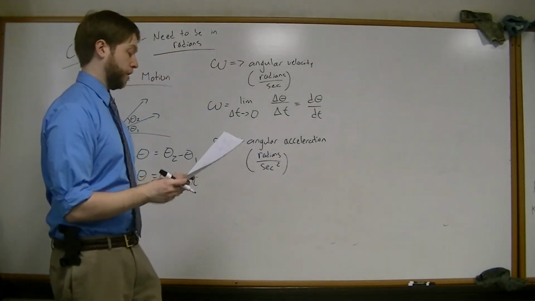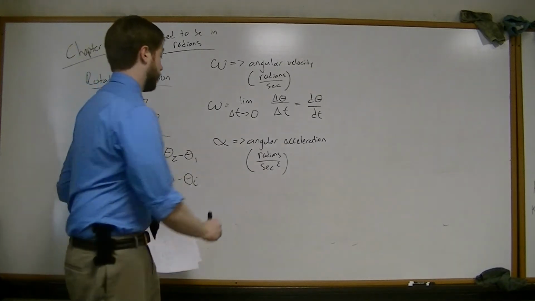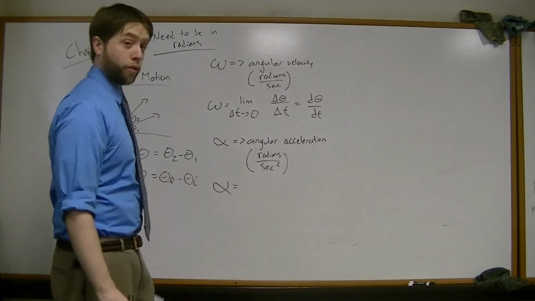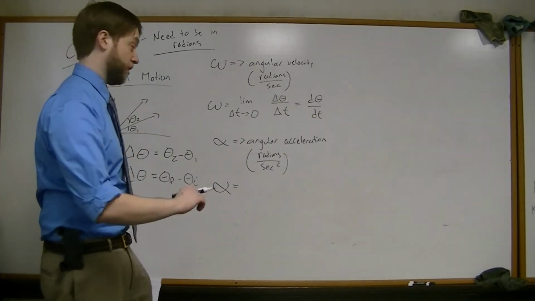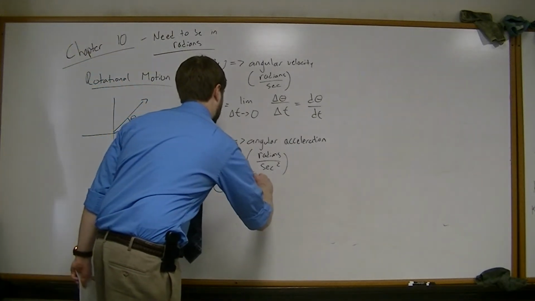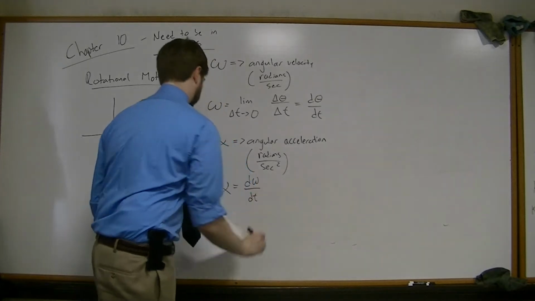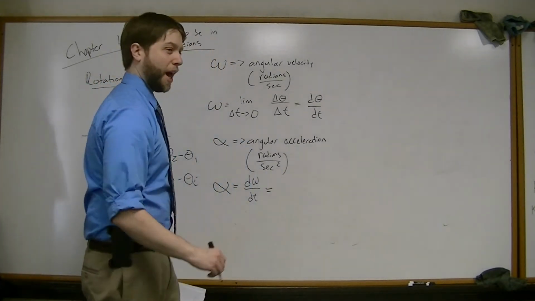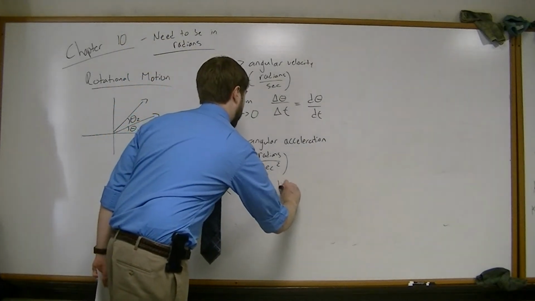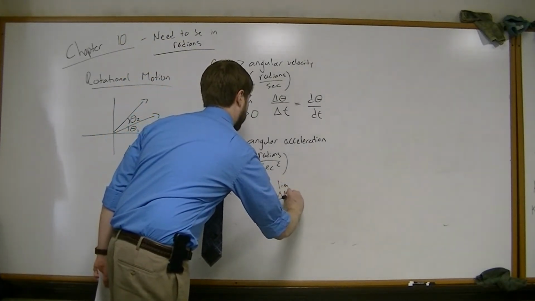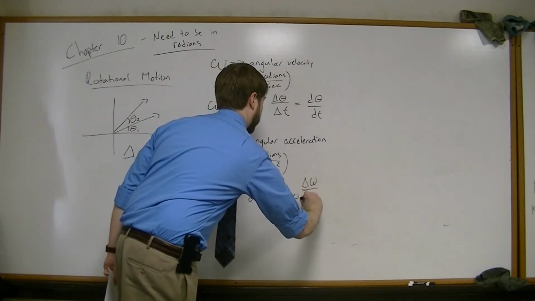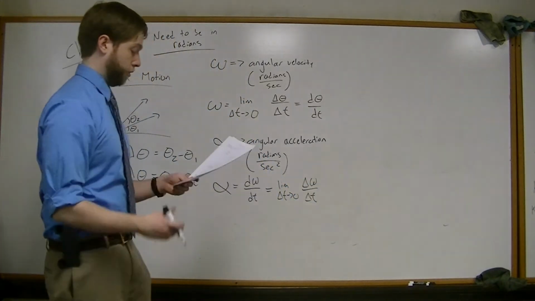And to get our angular acceleration, we're going to take the time derivative of our angular velocity. So d omega dt. Or, the longer math way of doing it, the limit as delta t approaches 0 of delta omega over delta t. Formal definition of the derivative.